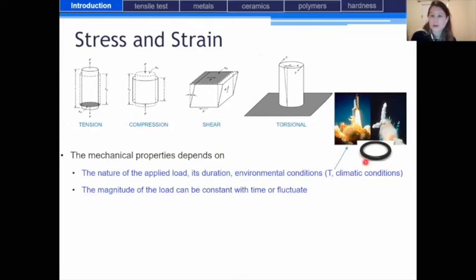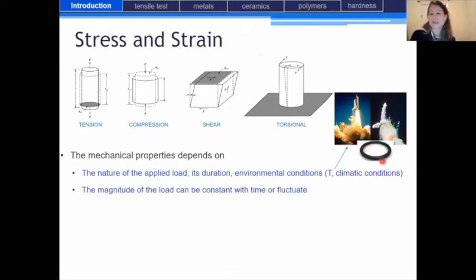And this O-ring made of elastomer, at the temperature of the day of the shuttle launch, this polymer was rigid, whereas normally in the conditions it was designed to be used, it was much more elastic.